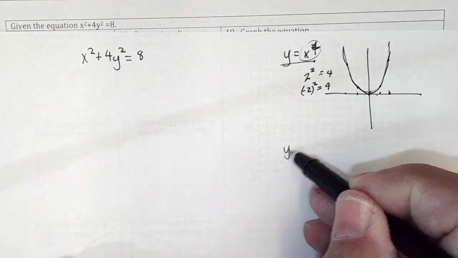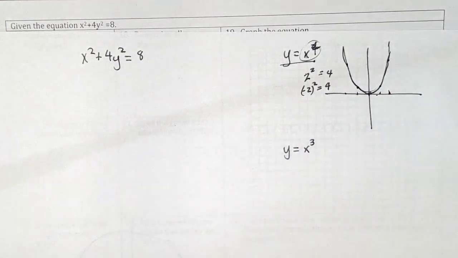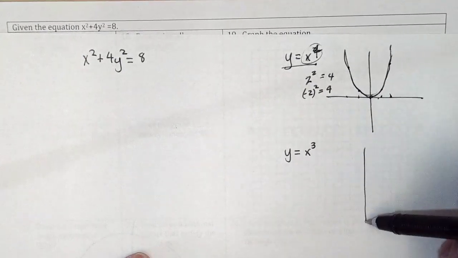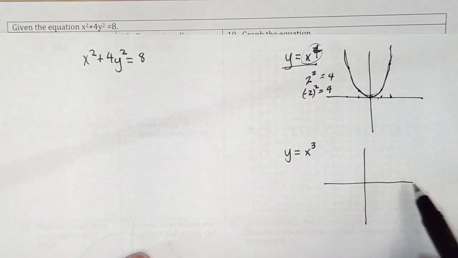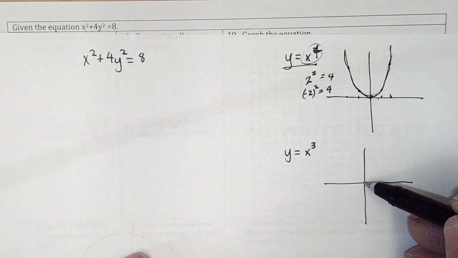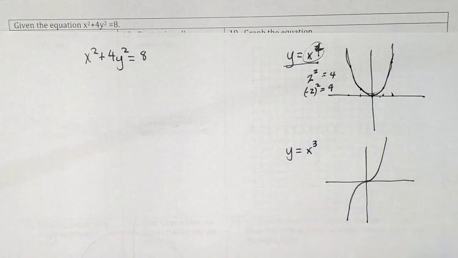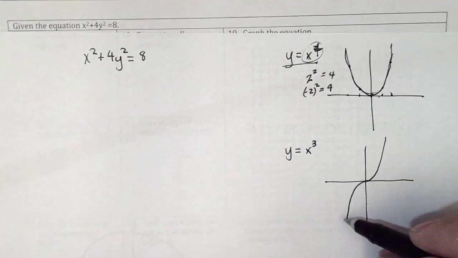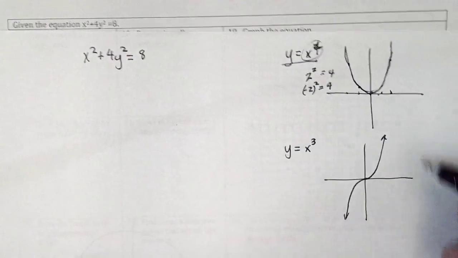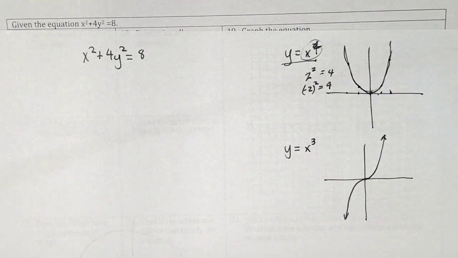Now, if it was y equals x to the 3rd, that isn't symmetric with the y-axis. Hopefully you know that looks something like this, and you can type it into a calculator to check that. Excuse my cough today. Okay?